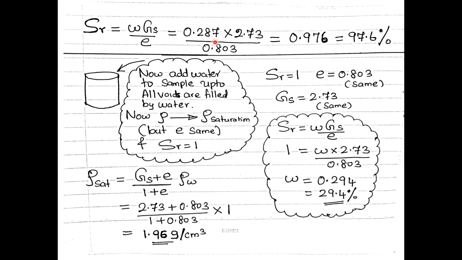Previously 28.7%, now 29.4%. Now what is the rho saturation value? GS plus E over 1 plus E into rho W, from the previous slides. Substitute the values, get 1.96 gram per centimeter cube.